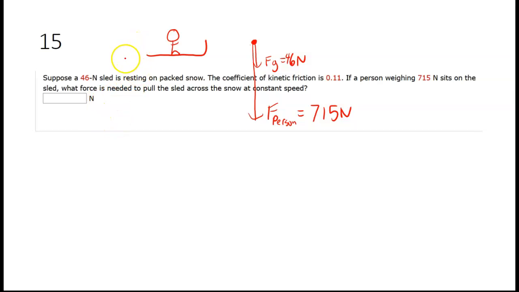We know that for any object moving along a surface, we do not have a vertical acceleration there. And so the normal force, as large as that would have to be, we need to cancel that out. The question, though, is about pulling this sled across at a constant speed with some applied force and some resistance due to friction.